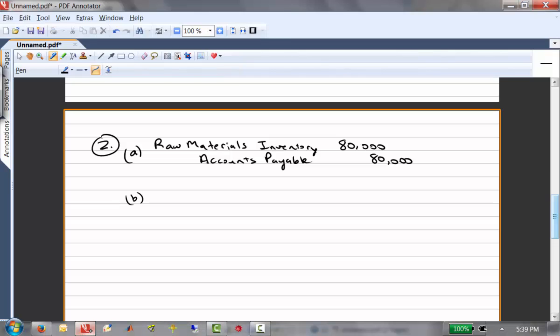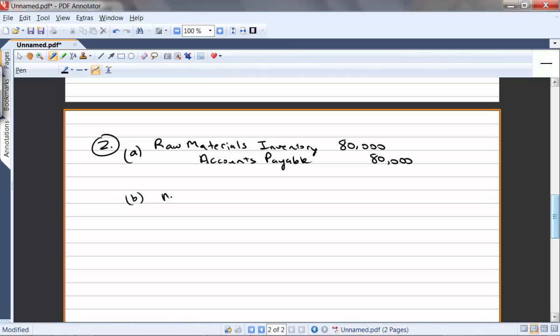Now, the indirect portion would go into manufacturing overhead, the manufacturing overhead control account, we'll call it. And the direct portion would go into work in process.